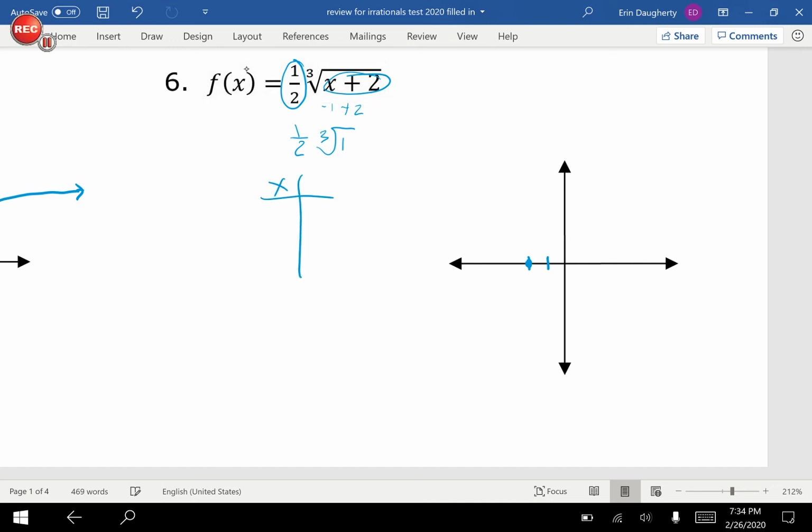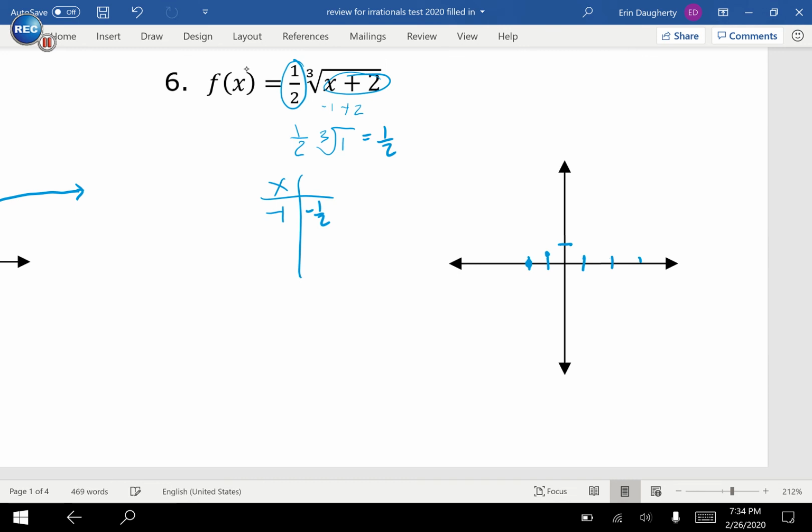My point that I substituted was -1. -1 plus 2 would just give me +1. The cube root of +1 times 1/2 is just 1/2. So that ends up being -1, 1.5.